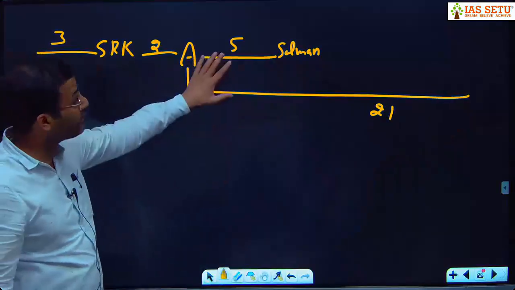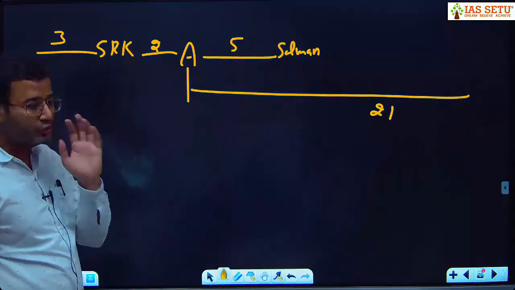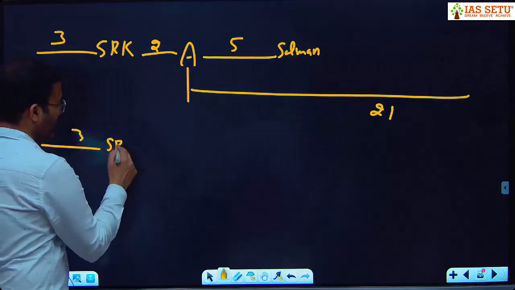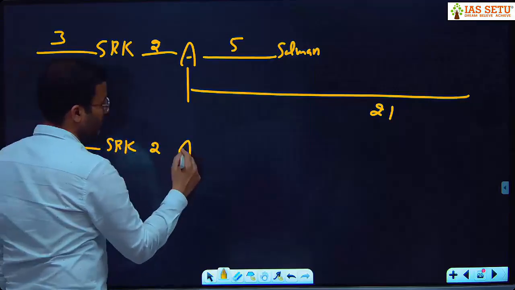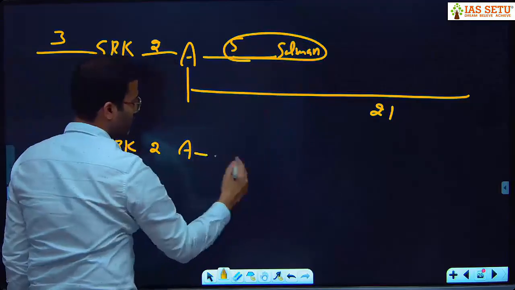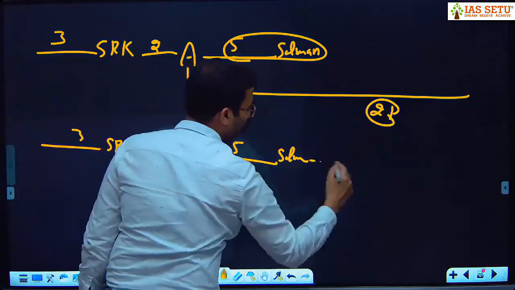We make this 5 persons common again. I repeat, you take 3 persons. This is Shahrukh Khan, 2 Amir Khan. These are 5 and 6. 5 plus 1, 6. Salman Khan. Total has to be 21. तो बच गए 50.